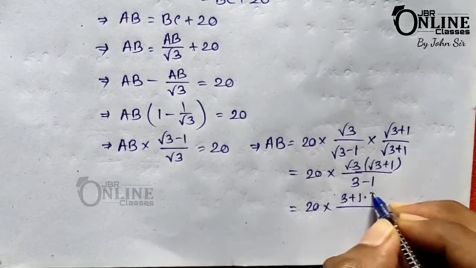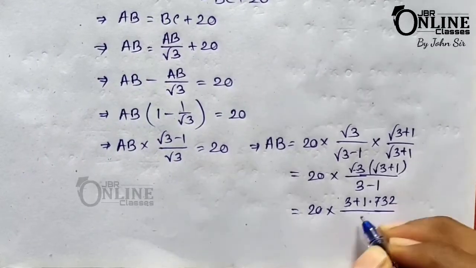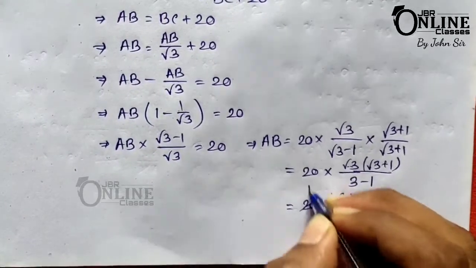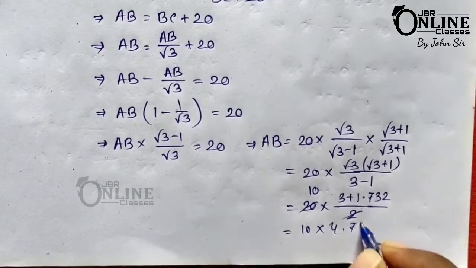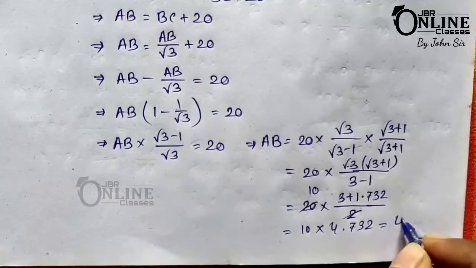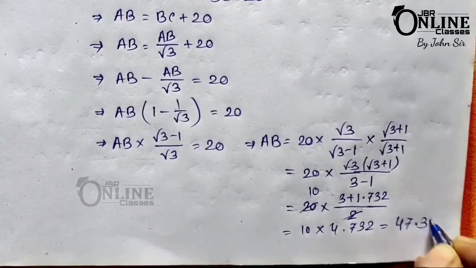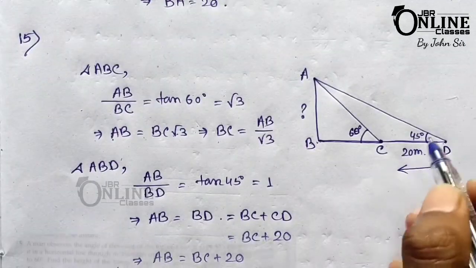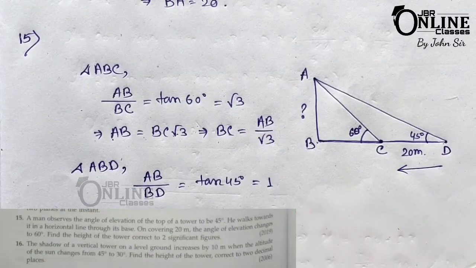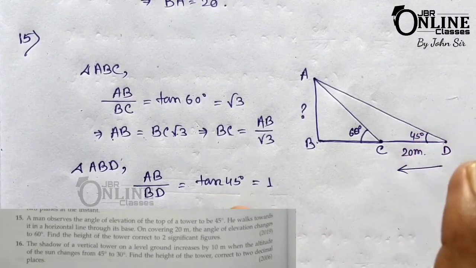The value of root 3 equals 1.732, and 3 minus 1 is 2. So 2 into 10, finally 10 into 4.732. So the final answer is approximately 47.32.